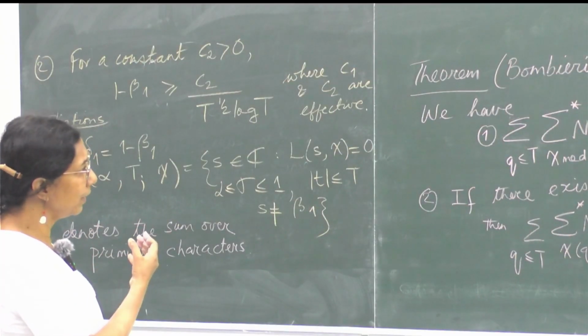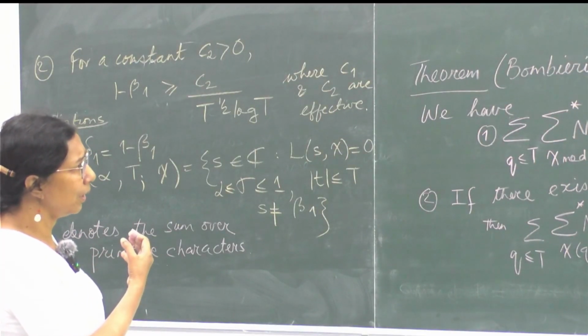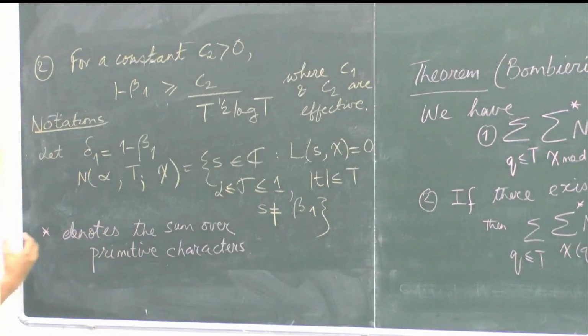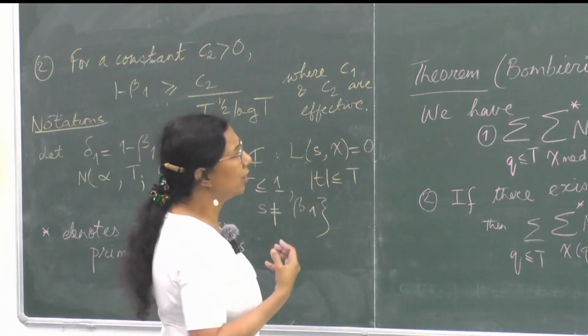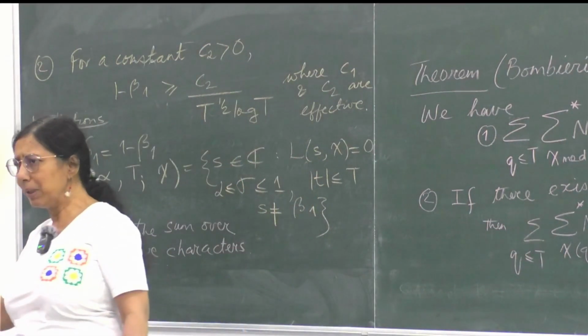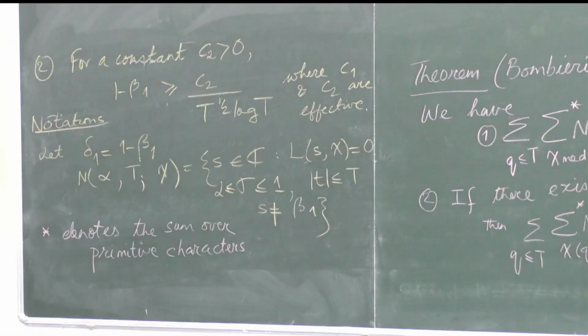But I use this one because I want to show you, at least give you an idea of how it can be used. And another reason is that from this theorem, Siegel's theorem becomes completely clear straight away. You don't need any additional work. For free, you get Siegel's theorem.